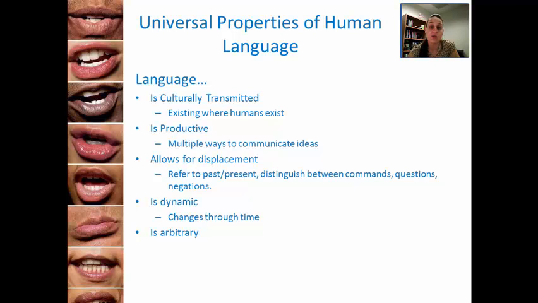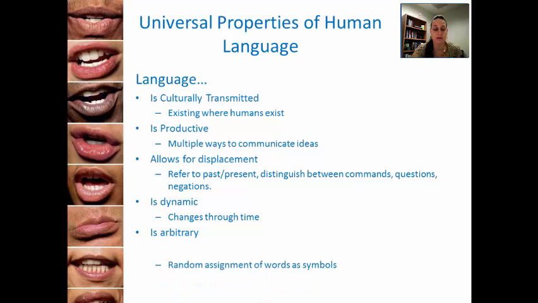If we wanted to, we could decide that instead of the word table, we were going to actually rename that a blurg. And so for the context of this class and all the students that agree on this, we as a subculture could call it a blurg. And so that's just to show you that the labels that we use and the terms that we use in language are arbitrary.